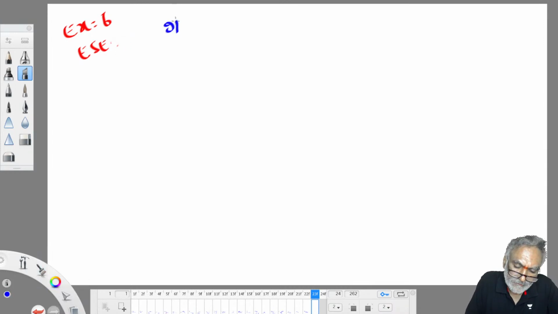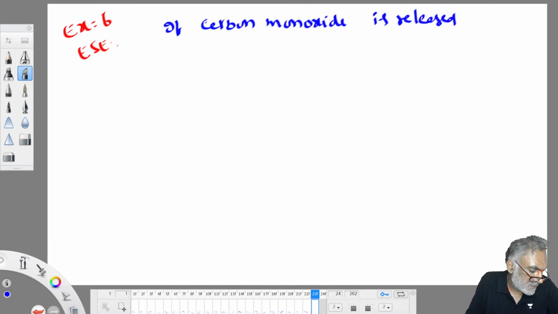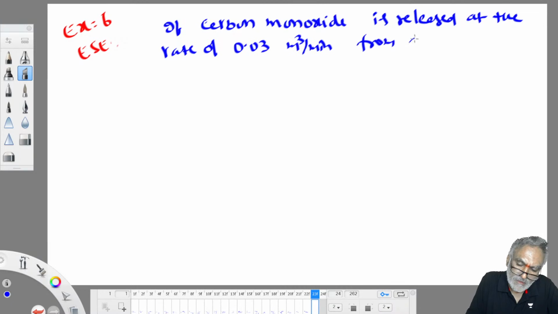If carbon monoxide is released at the rate of 0.03 meter cube per minute from a gasoline engine.